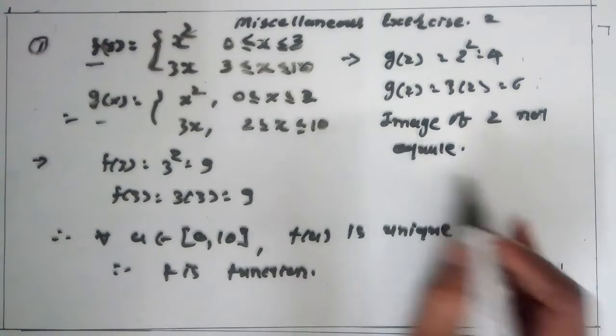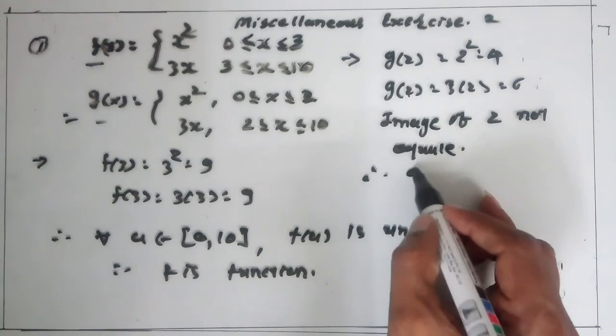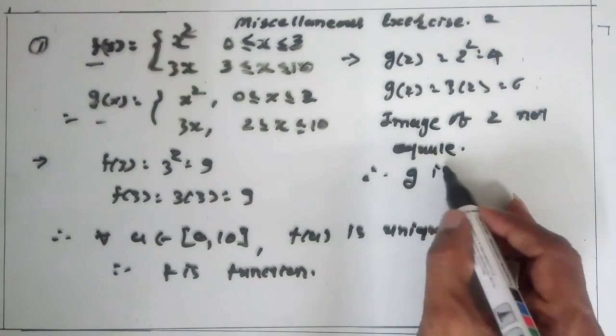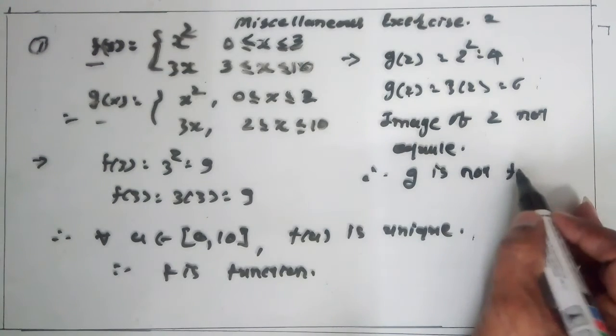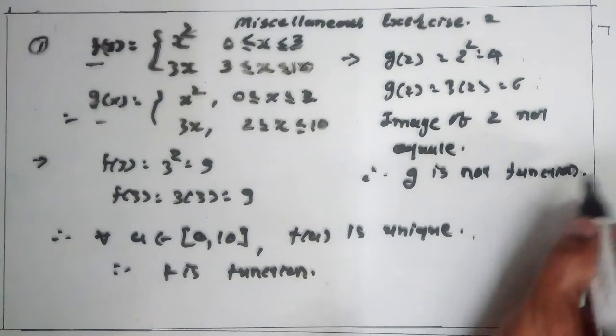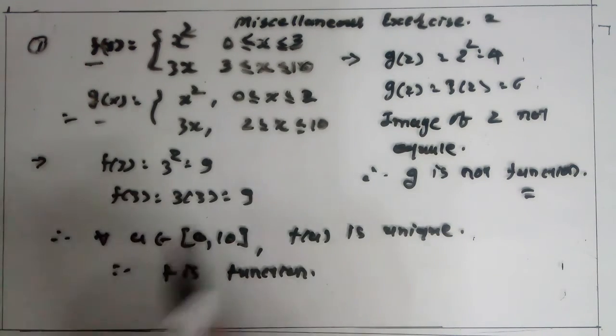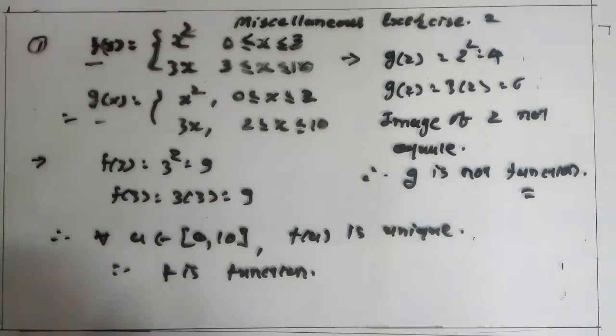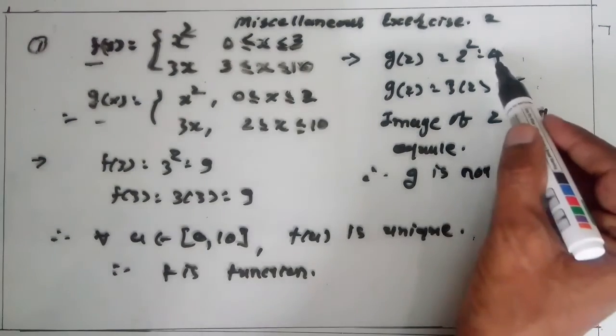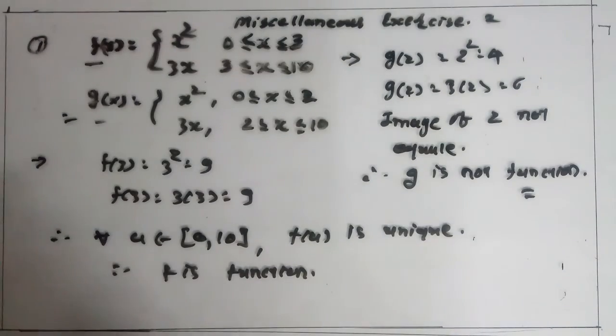Clear? Therefore, g is not a function. We know that a relation associates every element of a domain, here the domain is 0 to 10, with a unique element of its codomain. Here the image of g for 2 has values 4 and 6, so this is not a function. Clear?